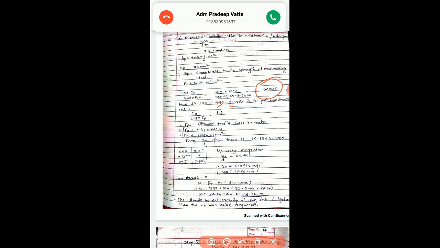So we'll arrive at this ratio from IS 1343 2012, Appendix B for post-tension slab. Just refer to Appendix B. We'll get this ratio of 1.